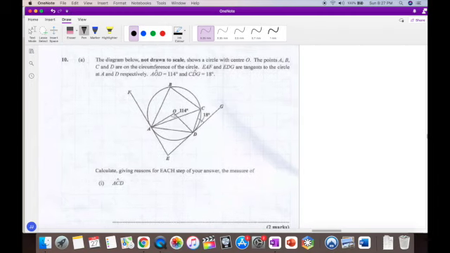The diagram, not drawn to scale, shows the circle with center O, points A, B, and C, everything is shown there. We could see that we have two tangents to the circle at A and D respectively. And I'm remembering here that from O, this is my radius, and I'm remembering that the radius to the tangent is always 90 degrees.